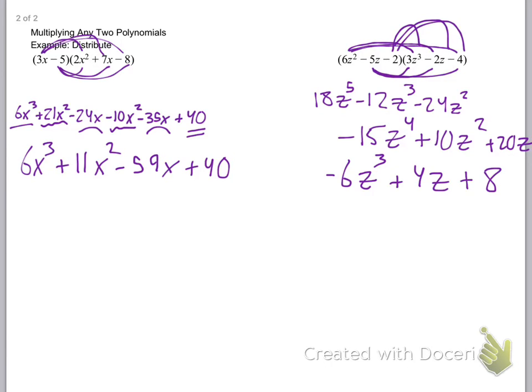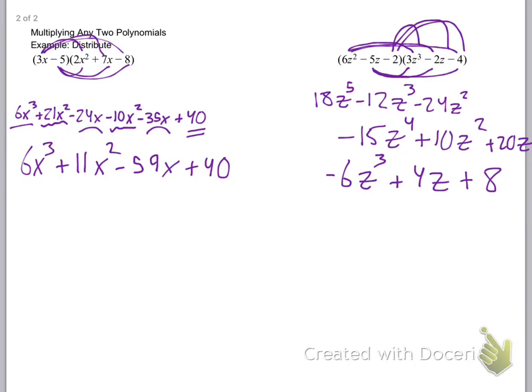It's plus 8. Now we're just going to go through, and they're all added or subtracted here. We've got to gather up like terms. If I had more room, I would have written this all in one line across there. There are 9 of them, right? Because 3 times 3 is 9. There are 3 numbers in the first group that need to be multiplied to 3 numbers in the second group, which results in 9 multiplications.